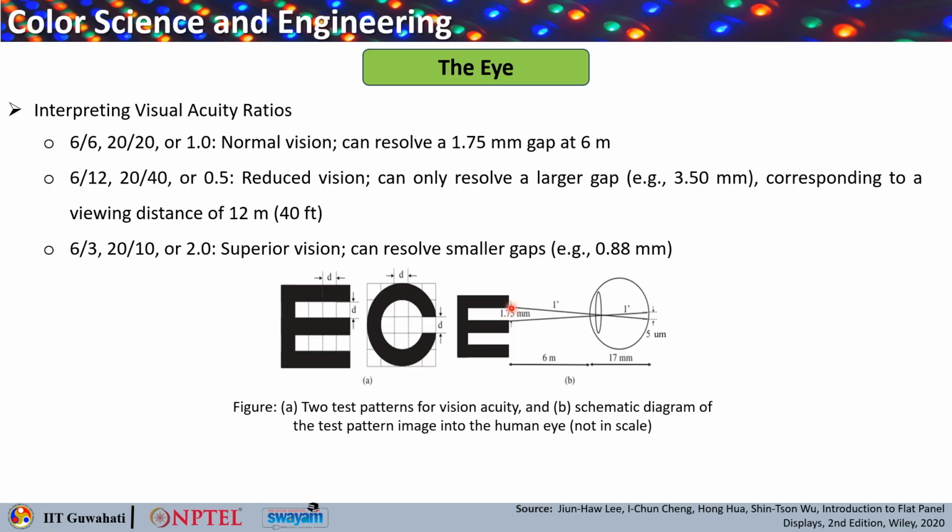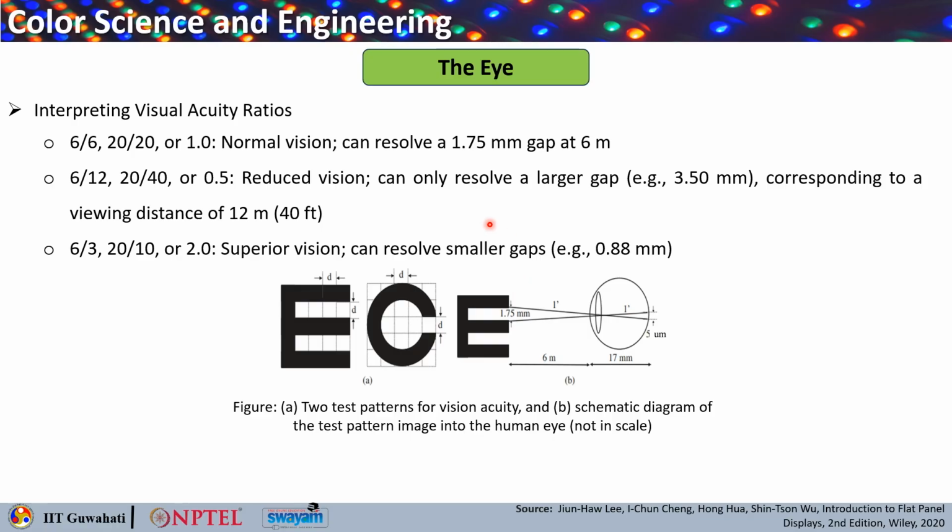Okay, he will be able to differentiate these two edges very well. Now, if somebody has this acuity ratio to be 6:12 or 20:40, or the ratio is computed to be 0.5, that person has reduced vision.